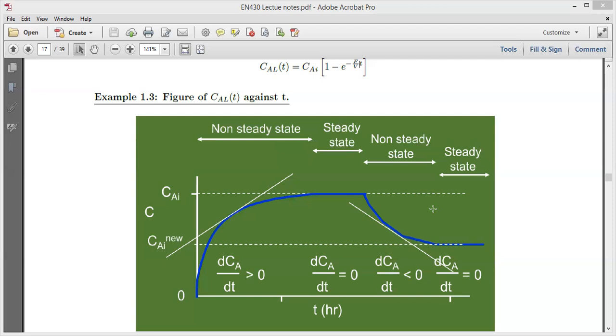Hence it being called steady state. Non-steady state means that this is not true. It means that it's either greater than 0 or less than 0. Those are the definitions of steady state and non-steady state.